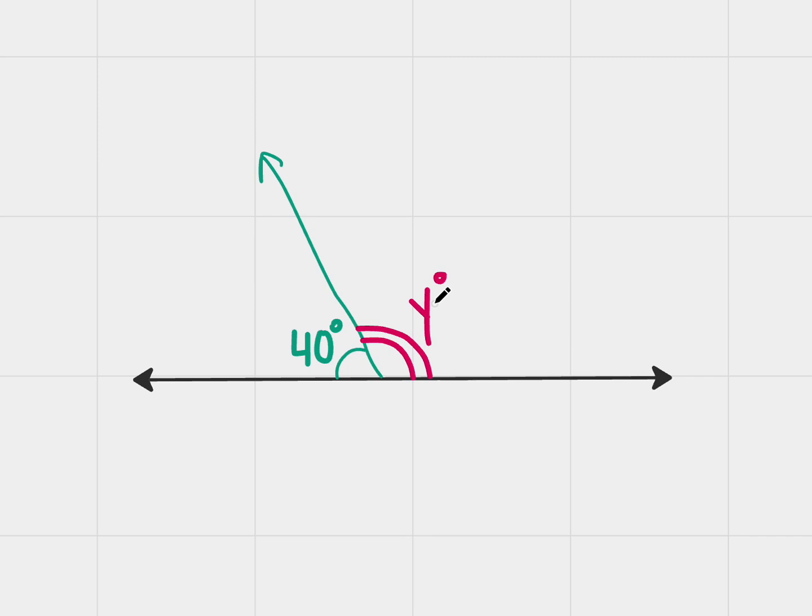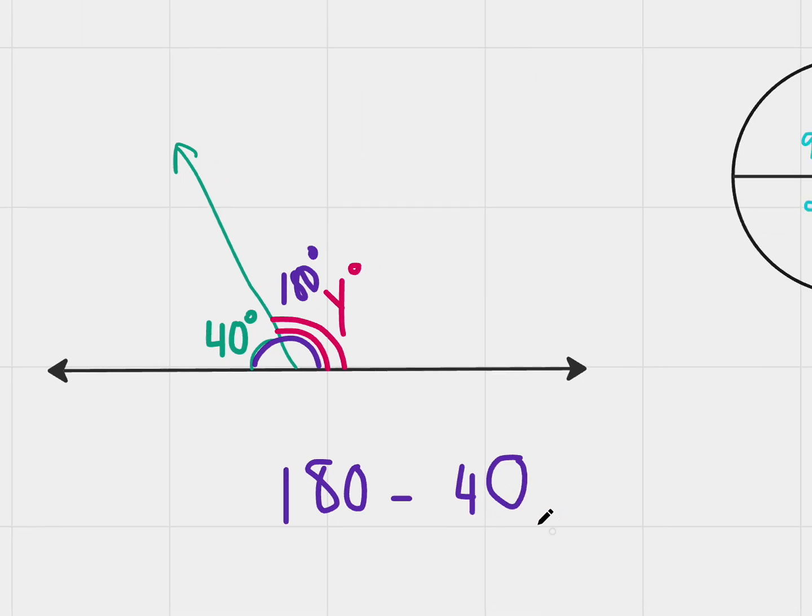So we have a straight line, right? We can see that this entire thing here is going to be 180 degrees. We know that this part of this 180 degrees is 40, so whatever angle y is, the obtuse angle y is going to be 180 minus 40, because you're subtracting that to get this value.